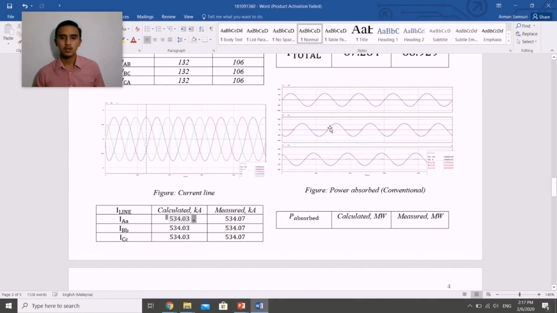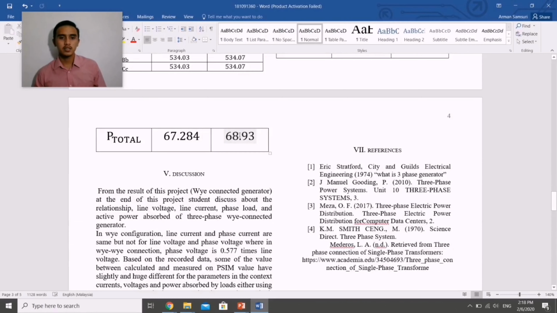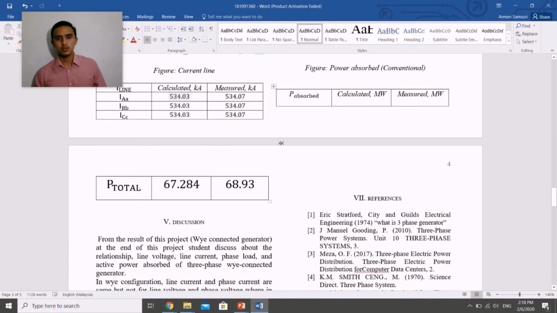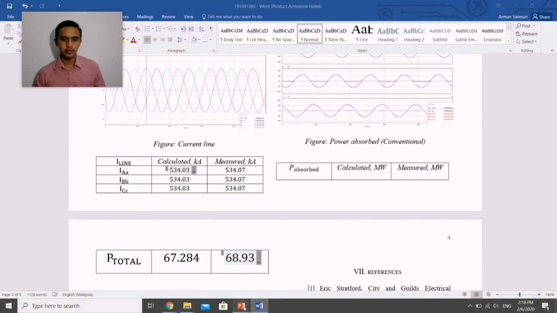And this one is for the power absorbed by the conventional method, and I got 68.93 compared to the calculated value, which is 67.284. That's for the calculation and results.